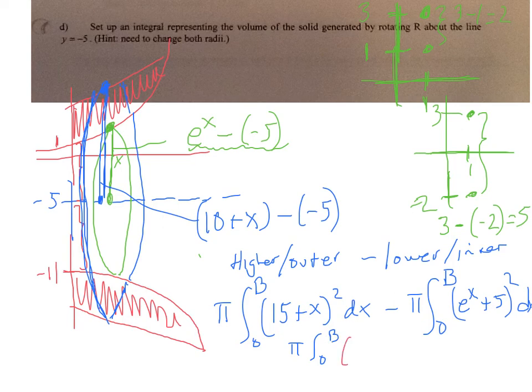I like that extra set of parentheses, as I indicated before. I have a 15 plus x, quantity squared, minus e to the x plus 5, quantity squared, and that big integral, parentheses, and I have my dx.